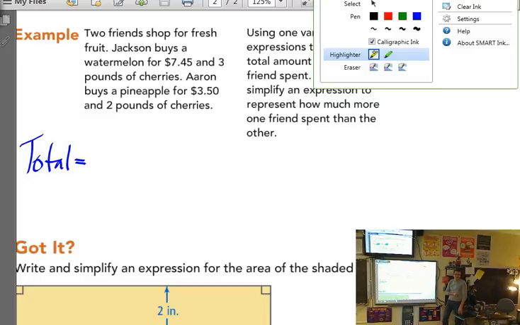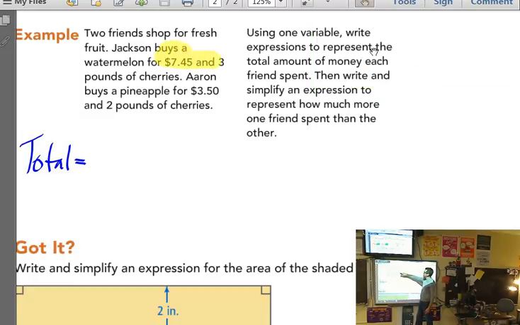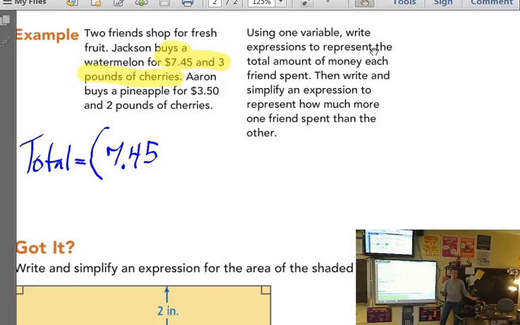What's he buy? Yeah, so what's the watermelon cost? So we know what he spent for the watermelon. We don't know what he spent for the cherries. So for Jackson, we can represent that: $7.45 plus 3C, or some kind of variable.